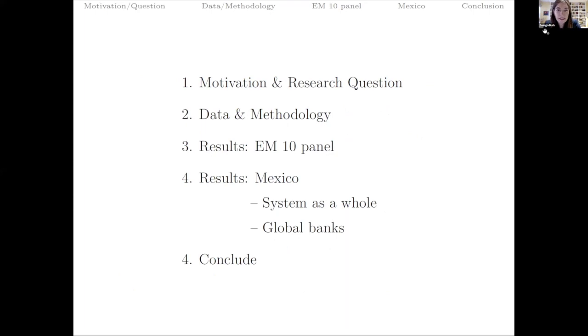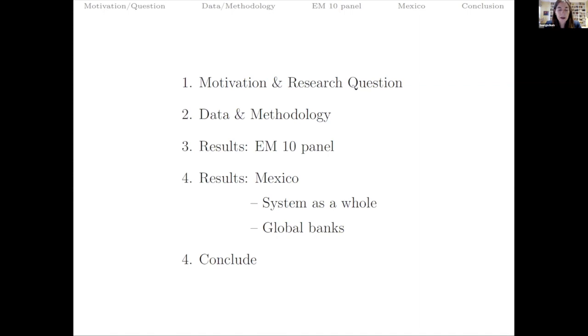In the presentation, I'm going to set up the research question and a little bit of the motivation, although this is a very relevant topic for the conference, so I won't spend too much time on that. Then I'll look at the data that I use and my approach. There are two sets of results that I'm going to focus on. I want to show you some results where I'm analyzing a panel of emerging market currencies.